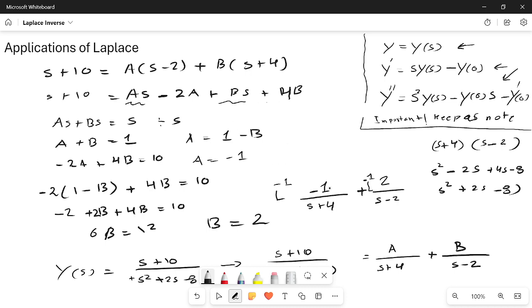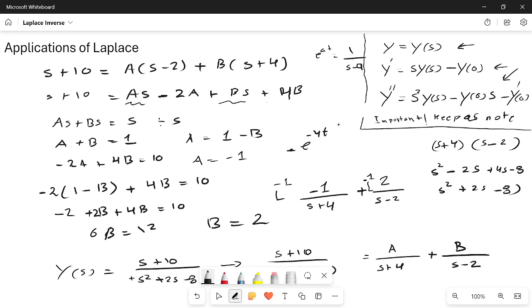So we have negative 1 divided by s plus 4. It is a direct Laplace inverse of exponential negative 4t, because exponential at is 1 divided by s minus a.